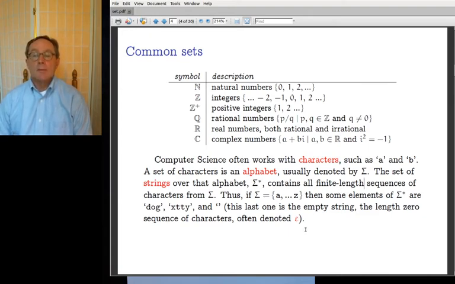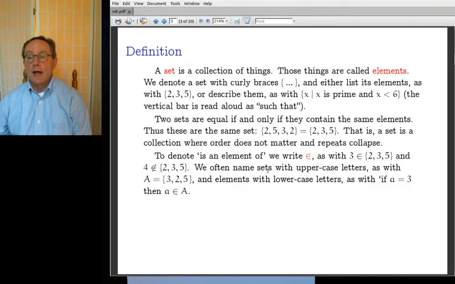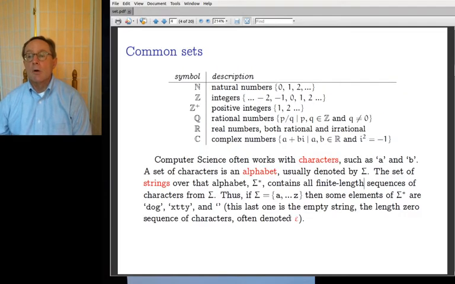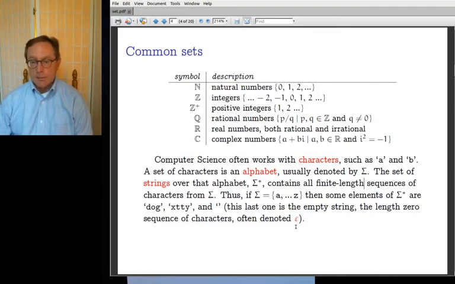So if sigma is the lowercase ASCII letters, then some elements of sigma star are the string dog, and so on. And don't forget the empty string, the string that has no characters in it at all, and we often denote that with a lowercase Greek letter epsilon. Sometimes people from Germany use a lambda, but anyway, we're going to use a lowercase Greek letter epsilon.